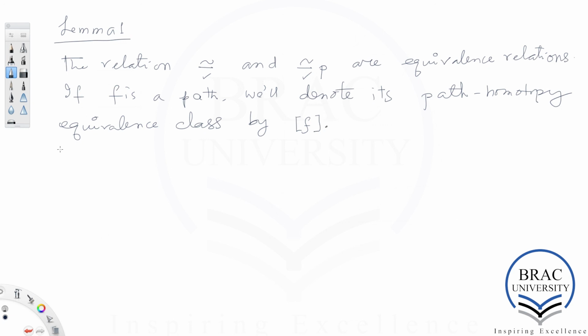Okay, so let me prove the statement. We'll prove it for homotopy. The proof for path homotopy is almost the same, so I'm not going to do it. I'll leave it as an exercise. Probably I'll just show the transitivity property of path homotopy.